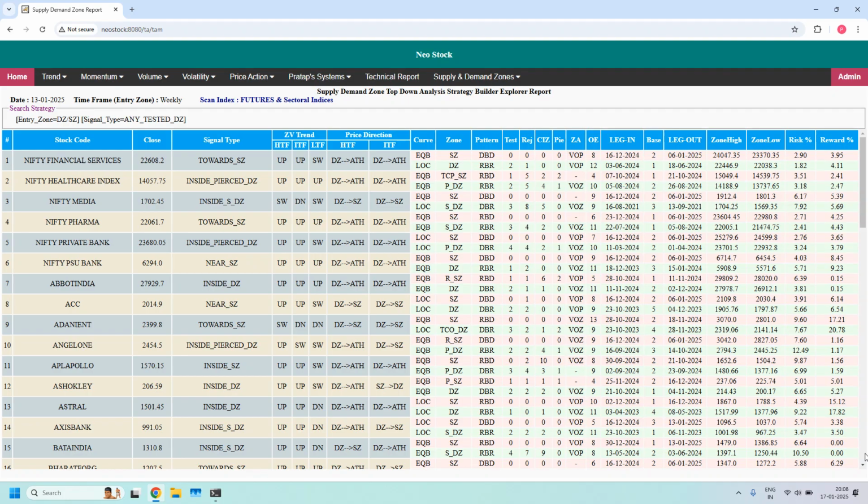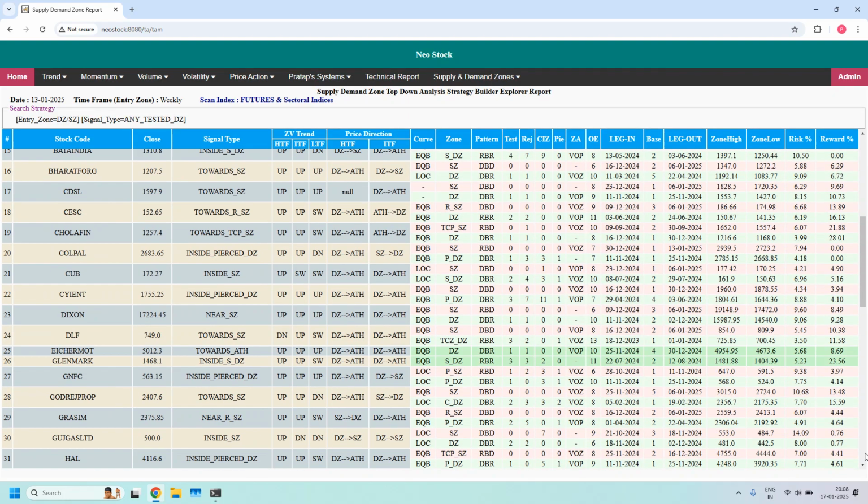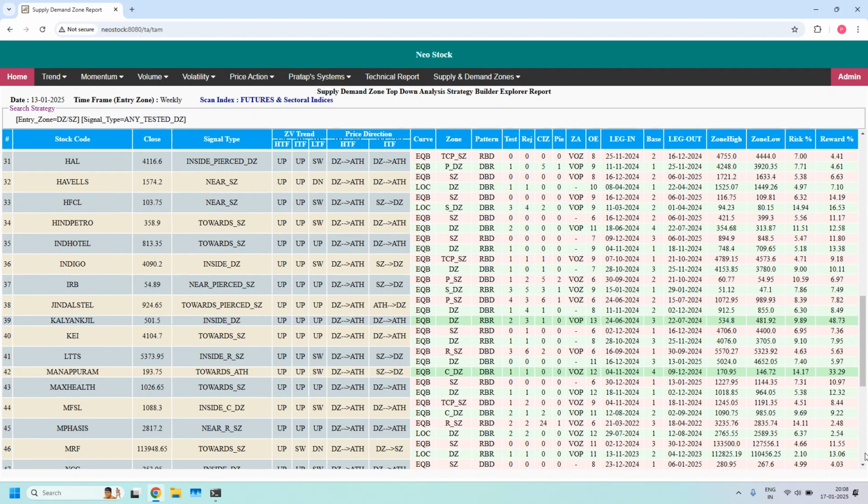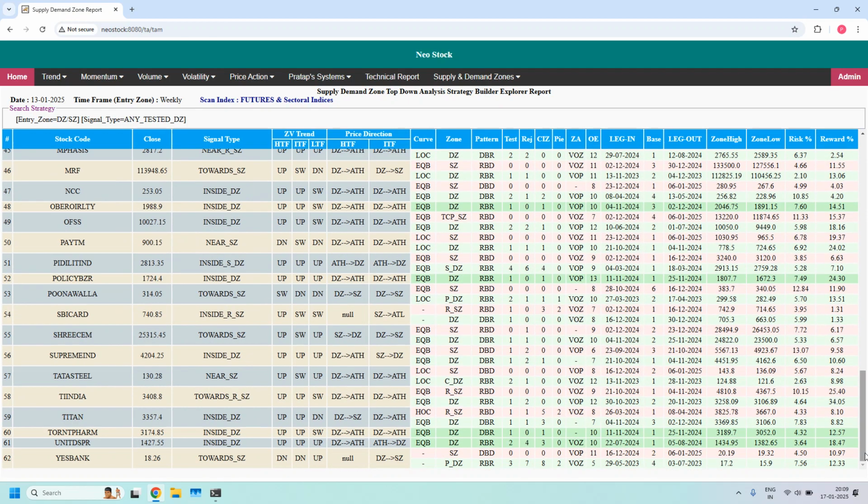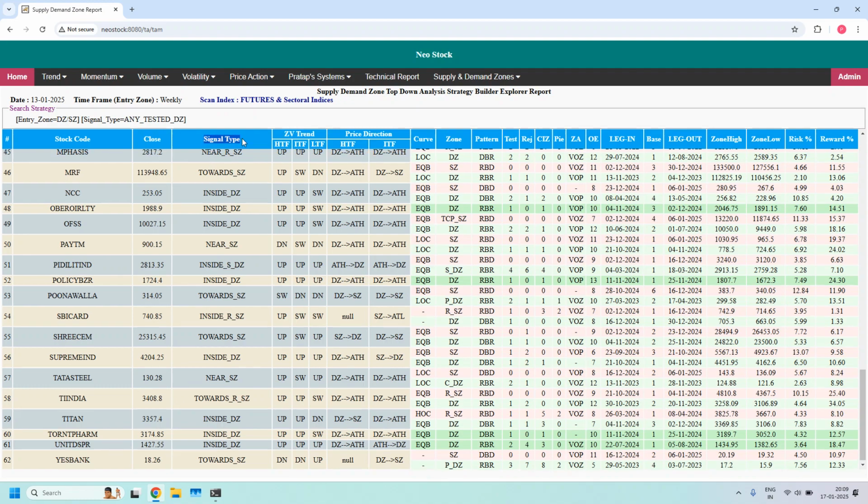Now we are seeing the first 15 stocks. After testing, some of these stocks closed inside the weekly demand zone. Some of the stocks started moving towards the supply zone. That is what you observe in the signal type column.